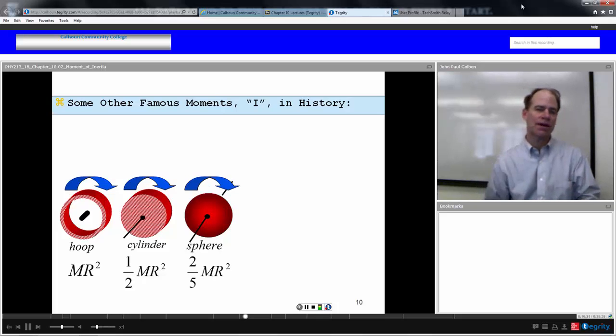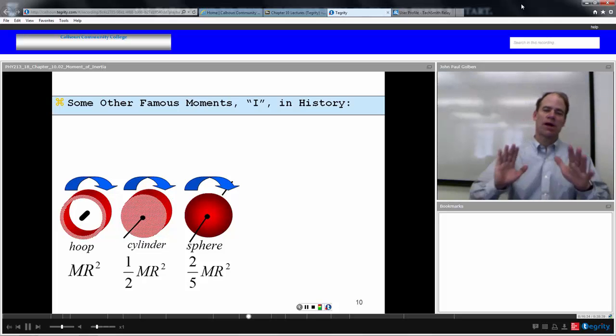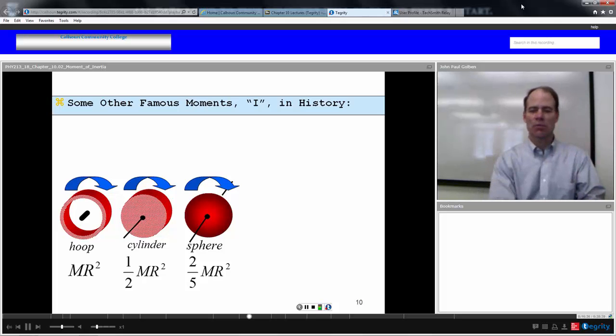If we were to calculate the moment of inertia of a sphere, which we could do using spherical coordinates and our moment of inertia formula, we would calculate that it was 2/5 mr squared. So by rounding off the edges, we have a moment of inertia that's a little bit less than the moment of inertia of the cylinder. It is 0.4 mr squared instead of 0.5 mr squared. A little bit less.